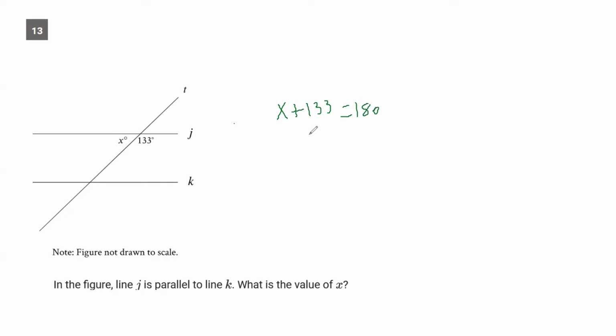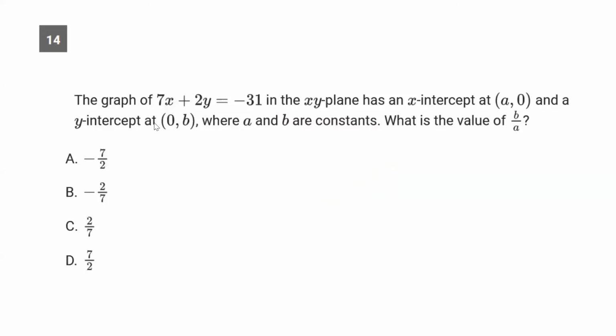I'm just writing it to explain. And then x equals, you maybe do want to write 180 minus 133. That gets you 47. Okay. It's nice testing of algebra and parallel lines. Okay. Now the next one, let's see what's in store for us.